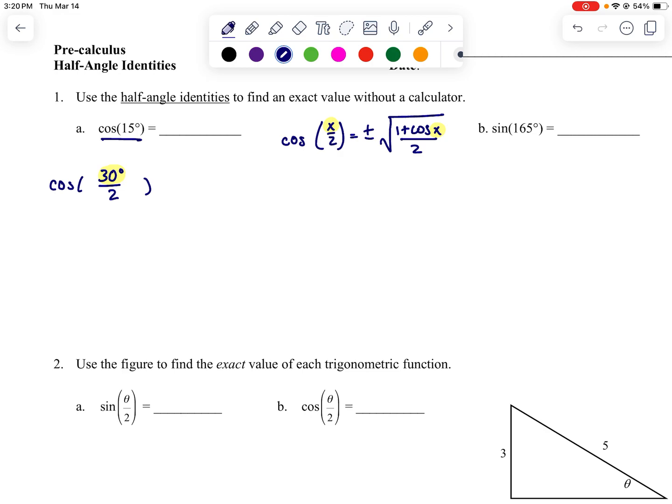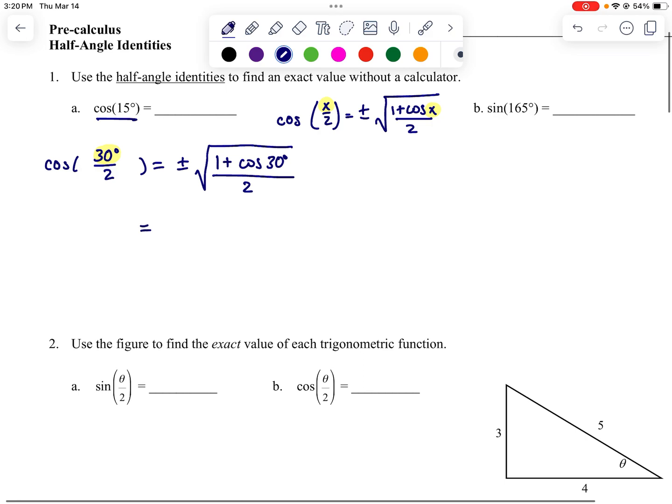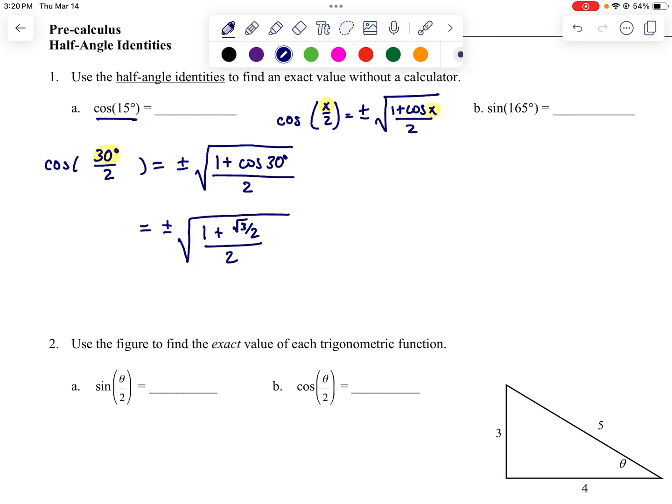The cosine of 30 divided by 2, which would be 15, is plus or minus the square root of 1 plus the cosine of 30, that's our x value, divided by 2. The reason we're doing that is because the cosine of 30 is something we can actually evaluate. The cosine of 30 is the square root of 3 over 2, all over 2.